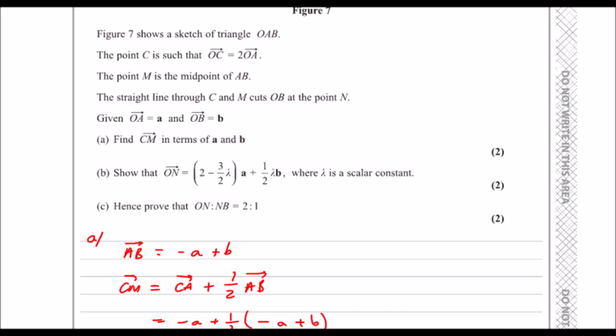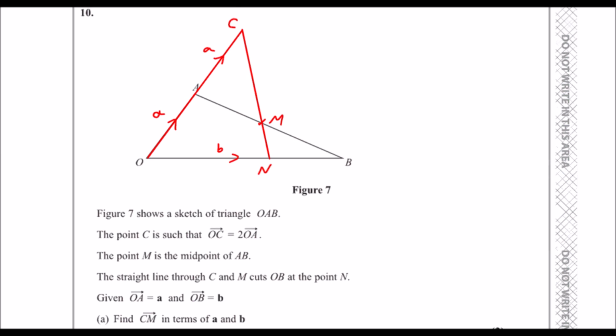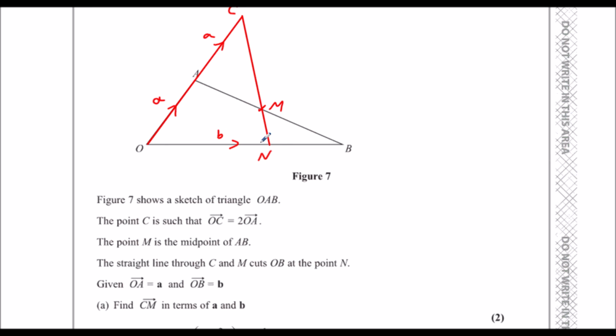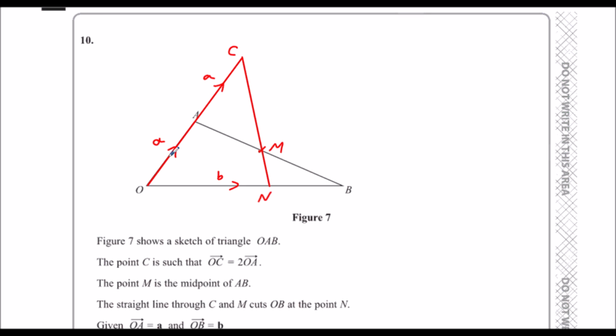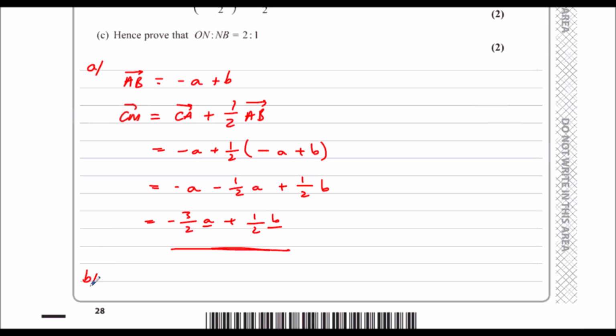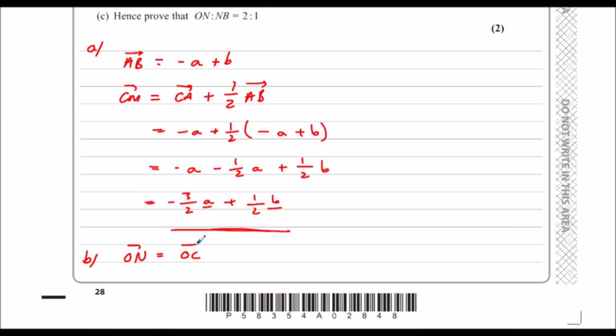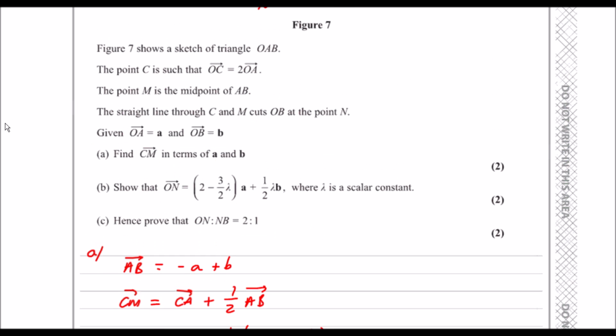So O to N, from O to N. Okay, so O to N is, well, it's a fraction of b, but we can also say O to N is O to C, and then a multiple of C to M. So O to N is O to C plus a fraction.